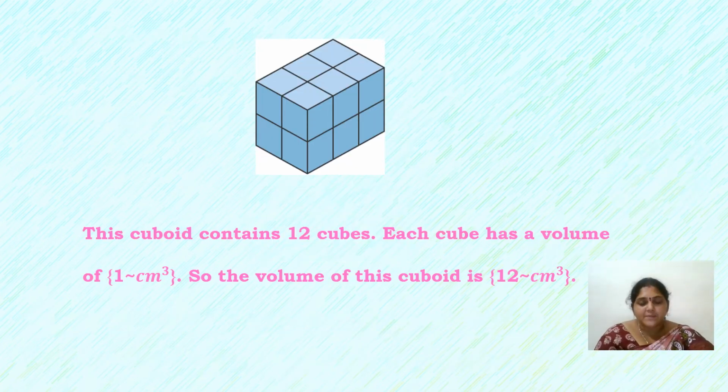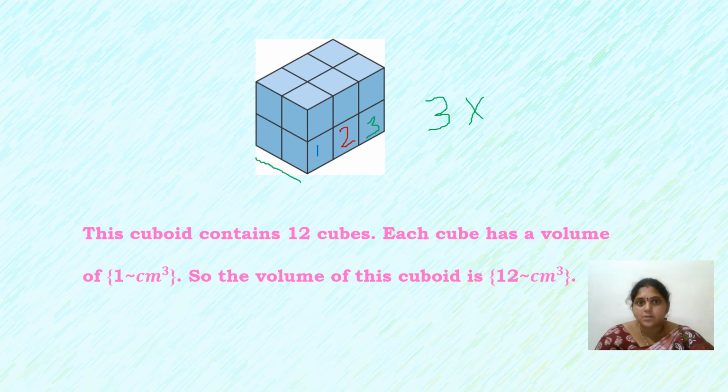Now, if you observe here, how many cubes are there? It is first cube, second cube, third cube, right? 3 cubes are there. Into how many rows are there?